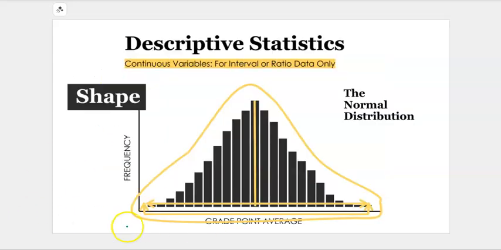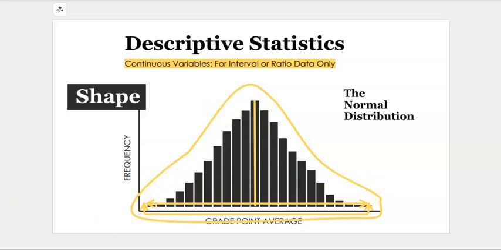So we start with the shape. When you have this shape, that is the mean score. And from the mean score, the dispersion goes out that way, like a bell curve, which we consider the normal distribution. You can find this curve when you run a diagram like a histogram, to see whether this continuous variable is distributed normally.